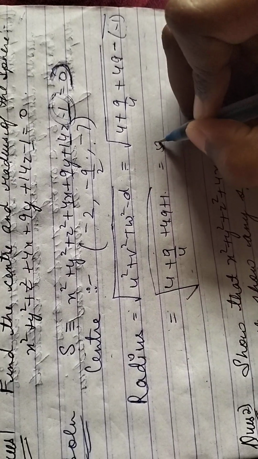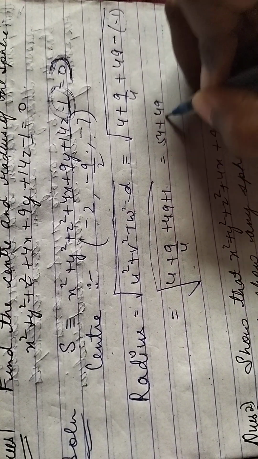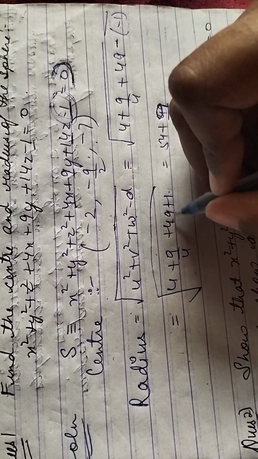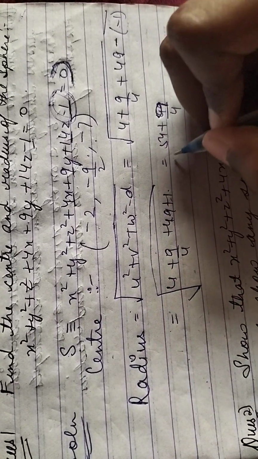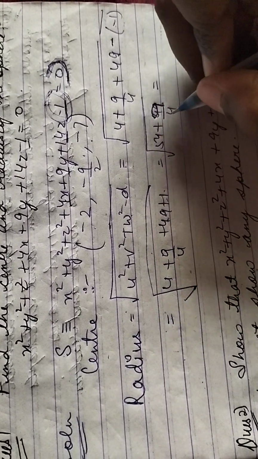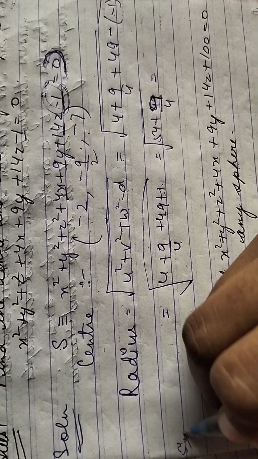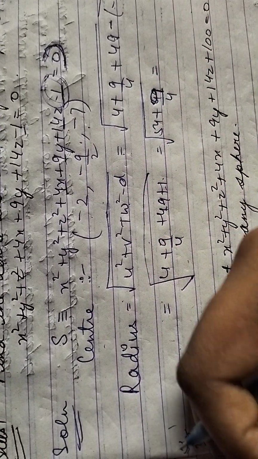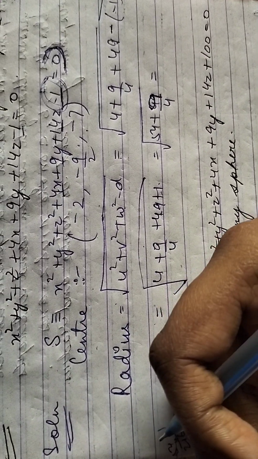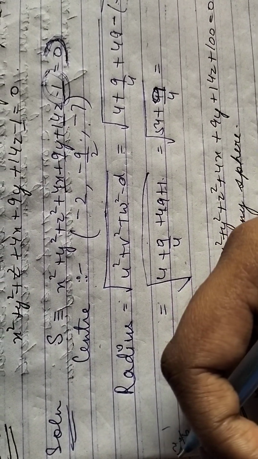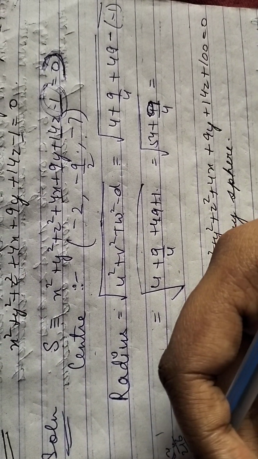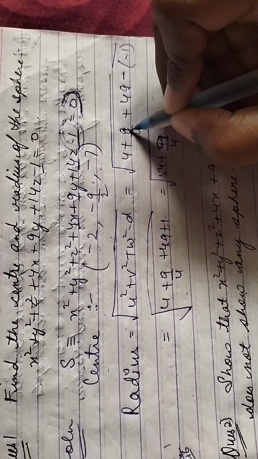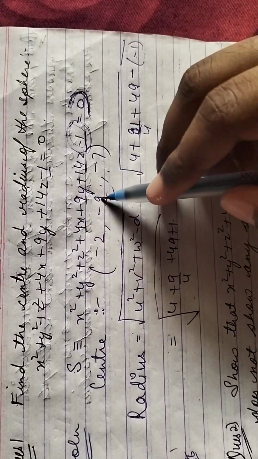54 plus 49, 9. 54 plus 9/4. I forgot to do the square of 9.